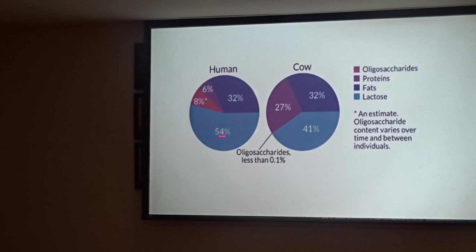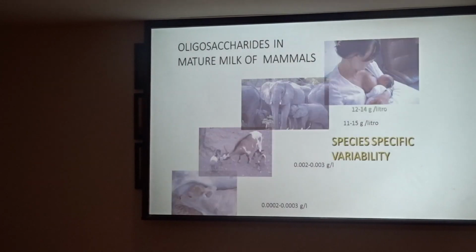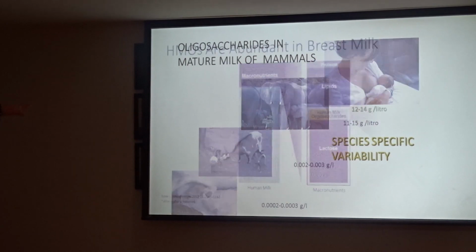So lactose, fat, and then oligosaccharides, which are even more than the protein. When we look at different mammals, we can find that elephants and humans have a very large amount of oligosaccharides, but goats, cattle and cows have a negligible amount. This is what's called species-specific variability.